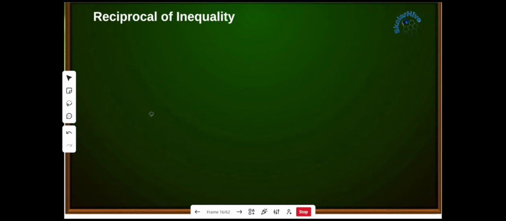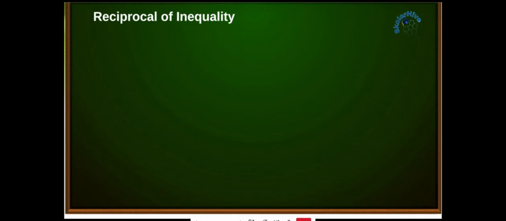Now let's see one of the important properties of inequality, the reciprocal inequality. So if we have given an inequality of either less than or greater than type, and if we take the reciprocal of either side of the numbers, then we have to check whether the inequality sign is changing or not.